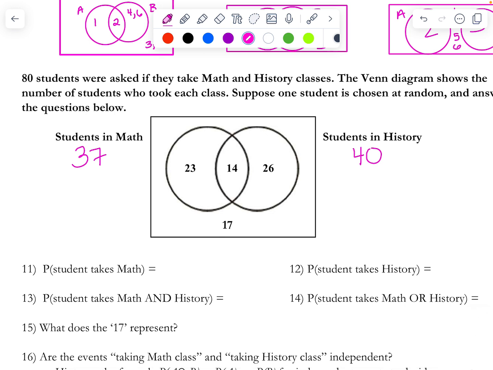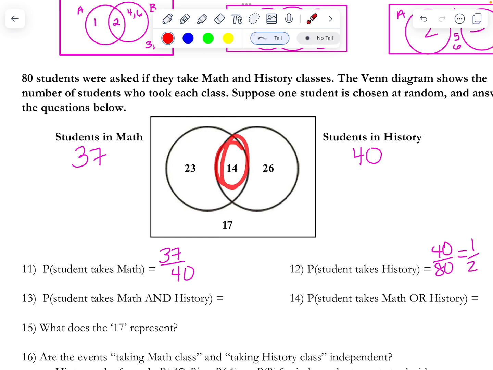That's going to be 37 over 80. Students that took history, I already answered that too. So 40 over 80, which is 1/2. The students that took math and history, that's going to be in the middle. So that's going to be 14 over 80, which I reduce, which is 7 over 40.